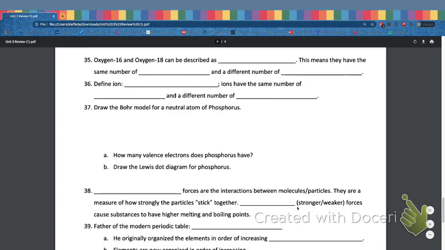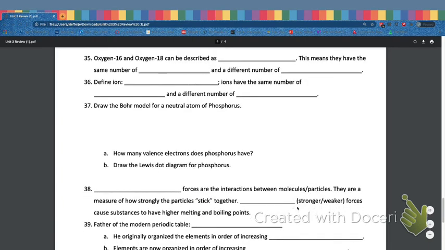So, oxygen 16 and oxygen 18 can be described as isotopes. So the word is isotopes. This means they have the same number of protons and a different number of neutrons. So they have different masses.